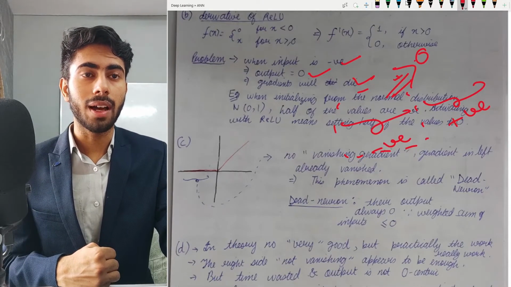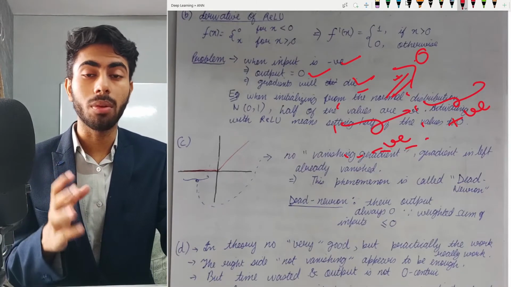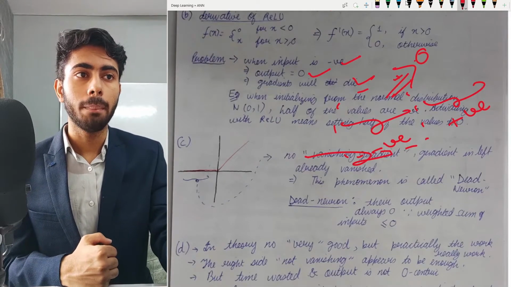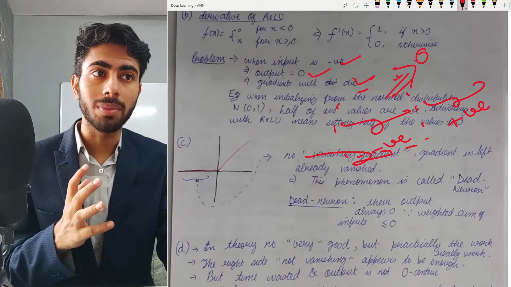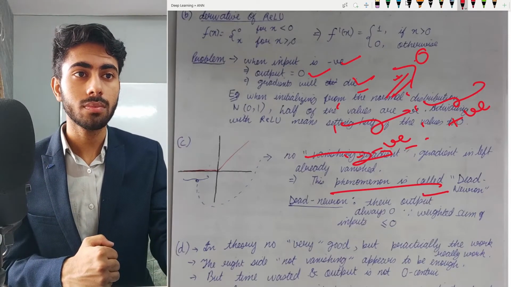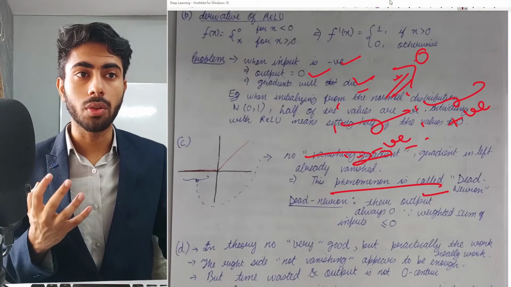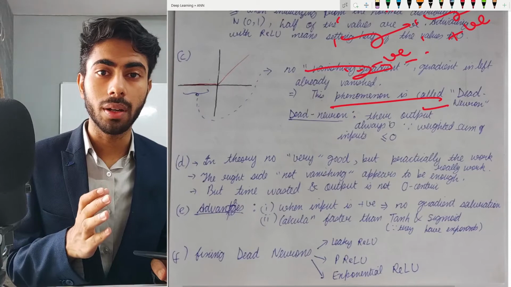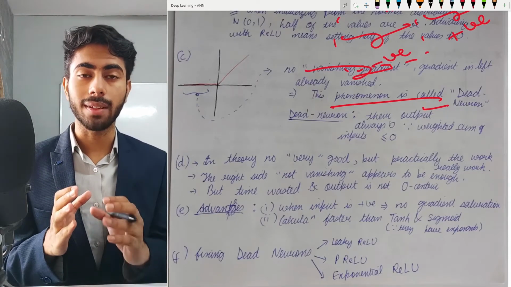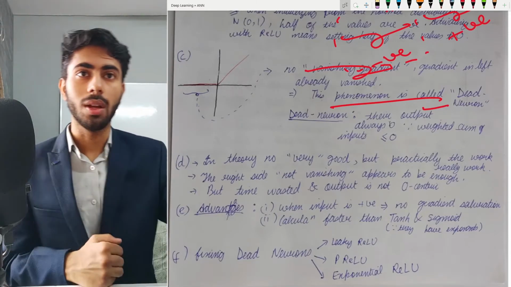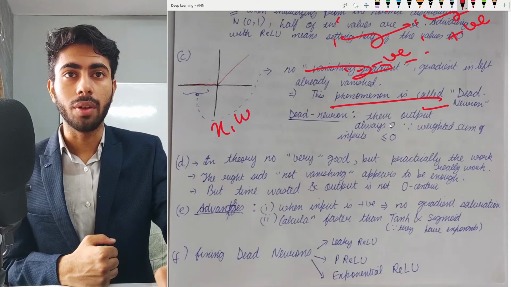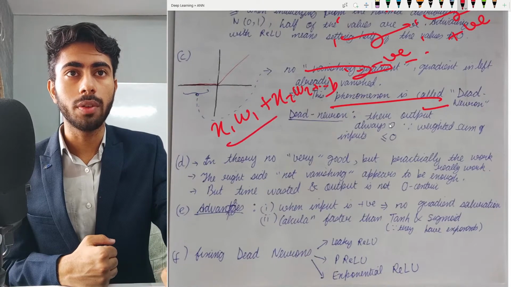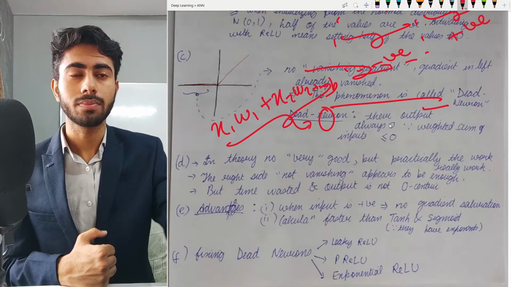So even though the vanishing gradient problem of the sigmoid and the tanh activation function has been solved here, we encounter a new kind of problem that is known as dead neuron. In case of a dead neuron, the output is always going to be 0. Whenever we pass a negative number, the output is always going to be 0. That is, the weighted sum of inputs is always going to be 0.